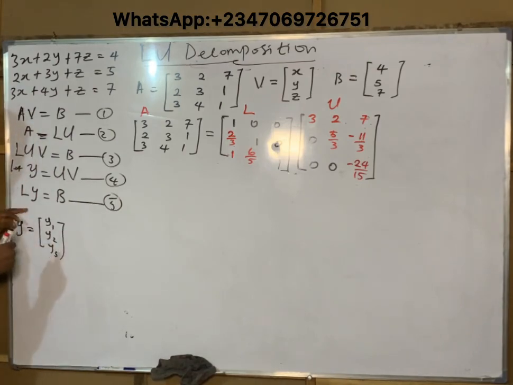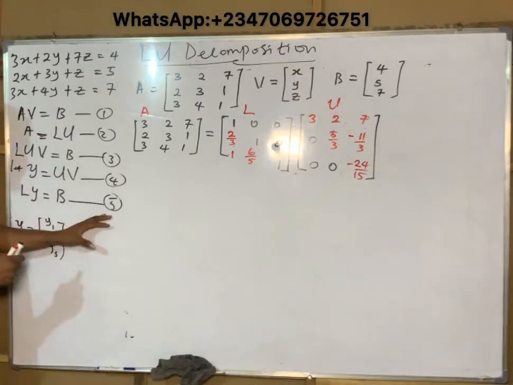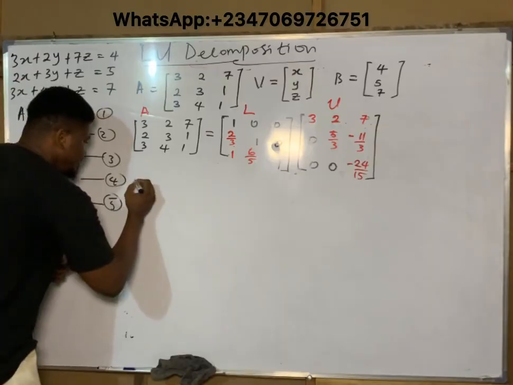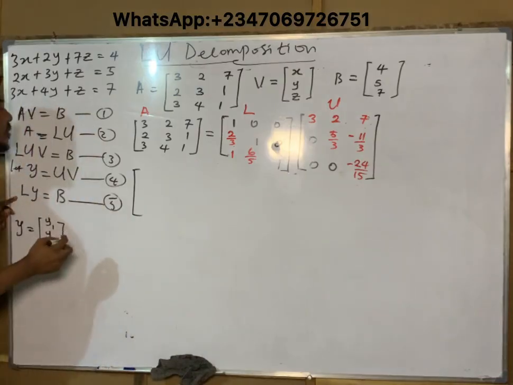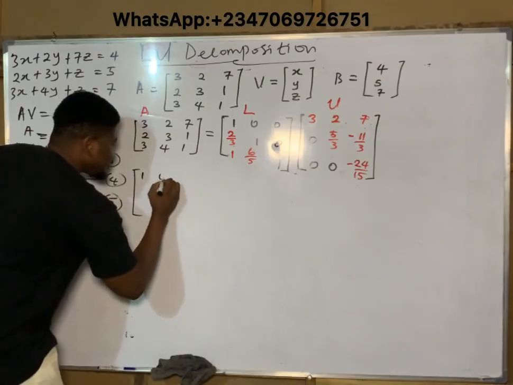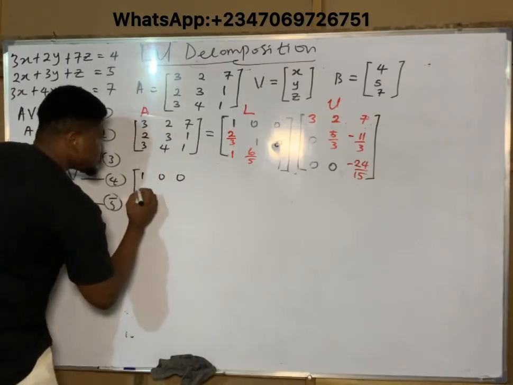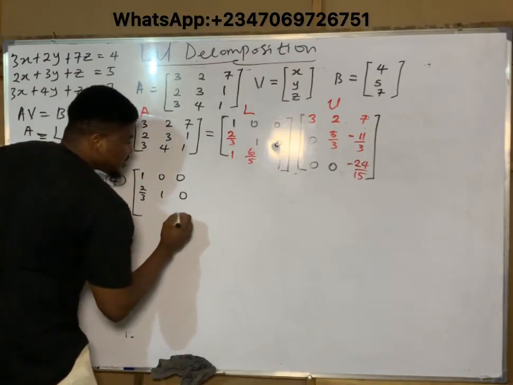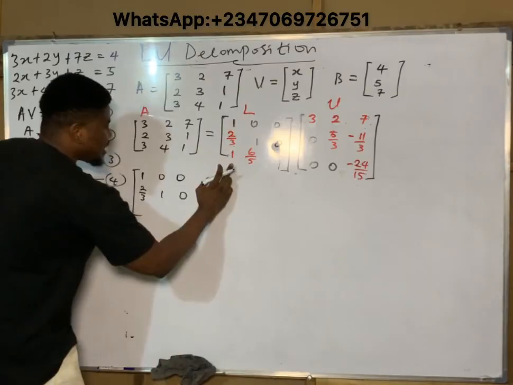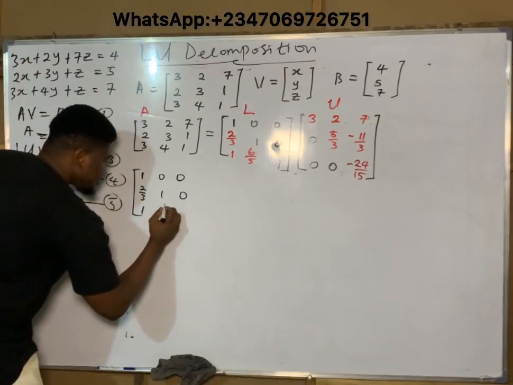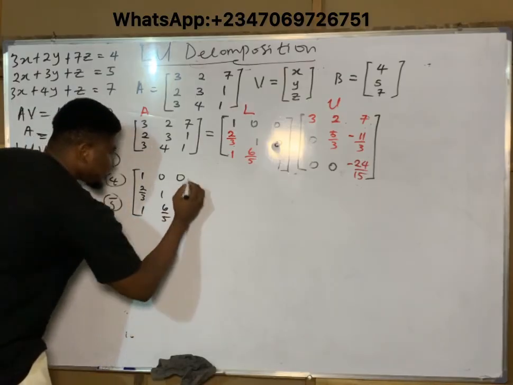So Ly equals b is the equation we are coming to now. What is L? The lower matrix. These are the variables. L is 1 0 0, 2 over 3 1 0, and 1 6 over 5 1.